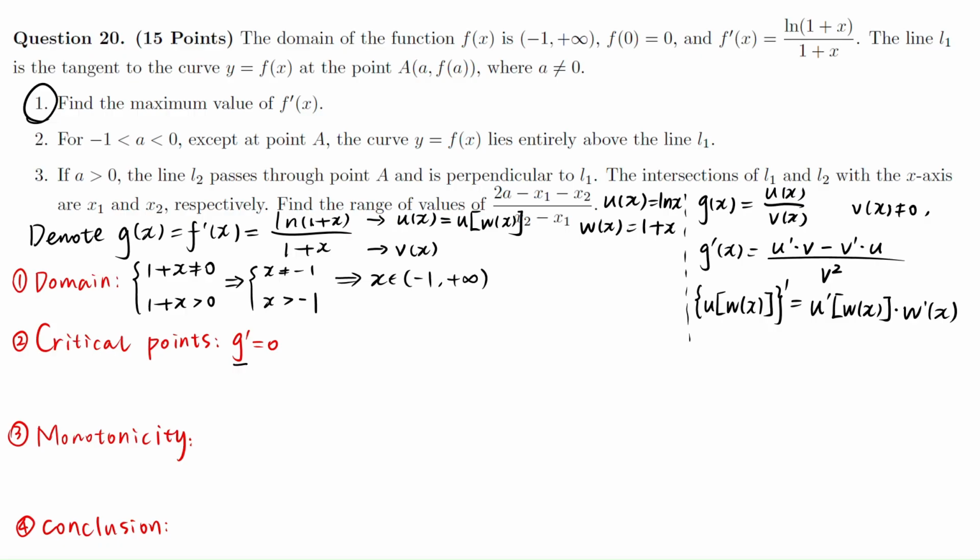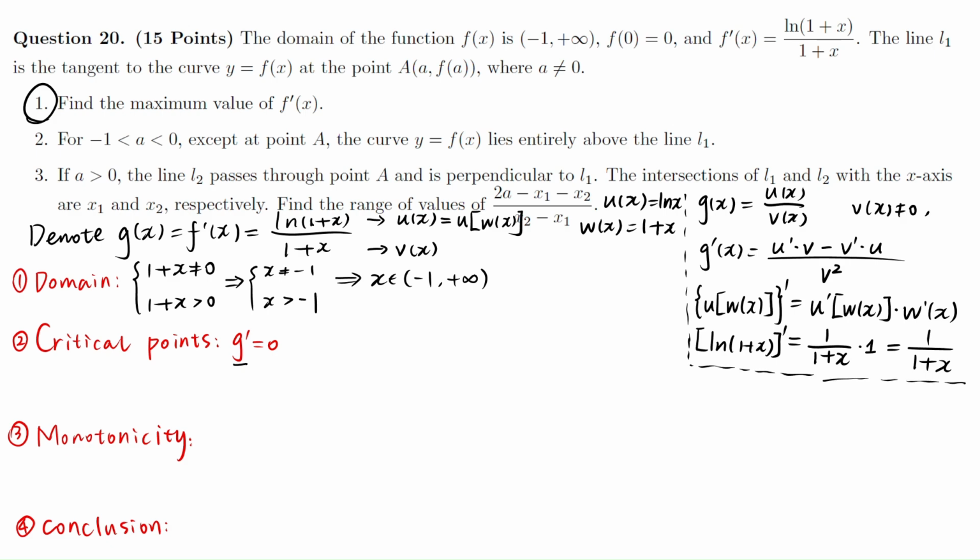Okay, so apply this to this specific form. The derivative of the natural log of 1 plus x is equal to what? That's right, 1 over 1 plus x times 1, right? Because the derivative of 1 plus x is just 1, and it's equal to 1 over 1 plus x.